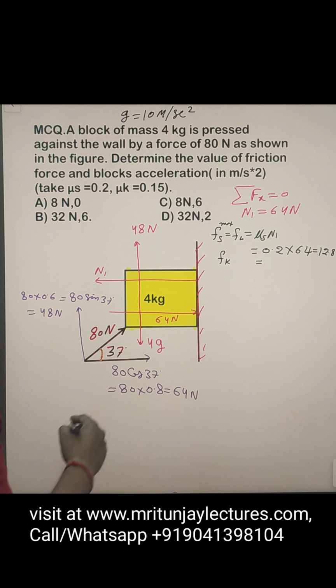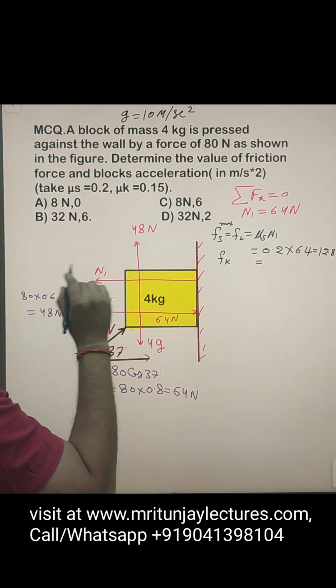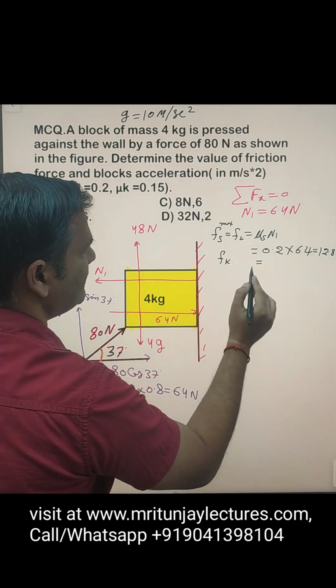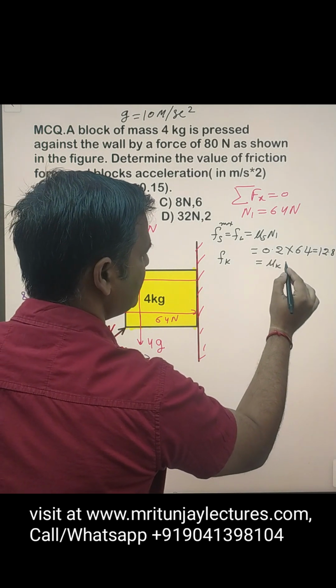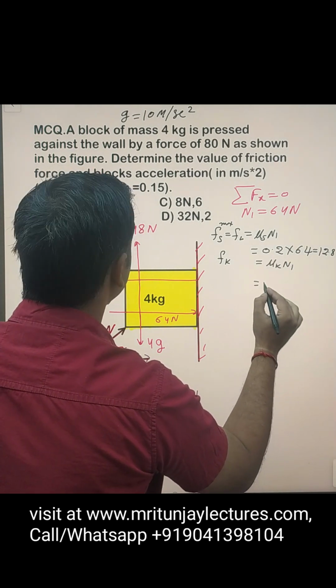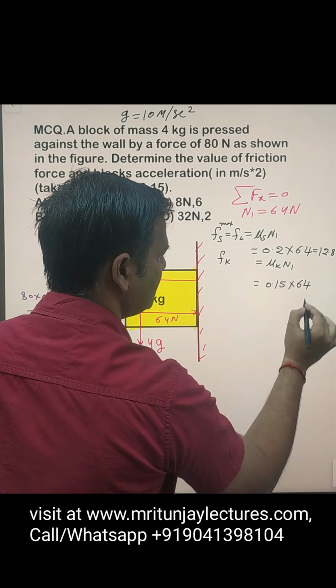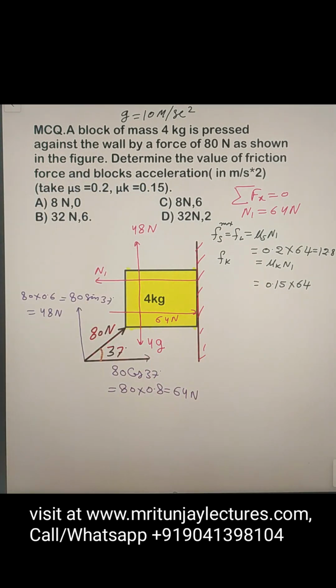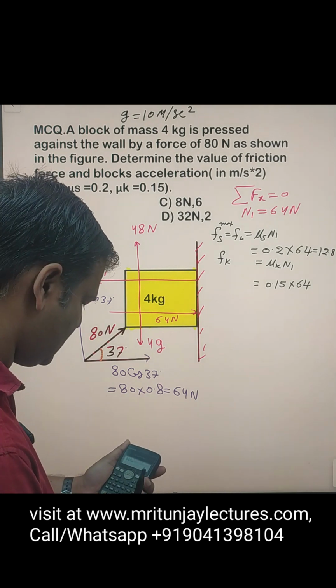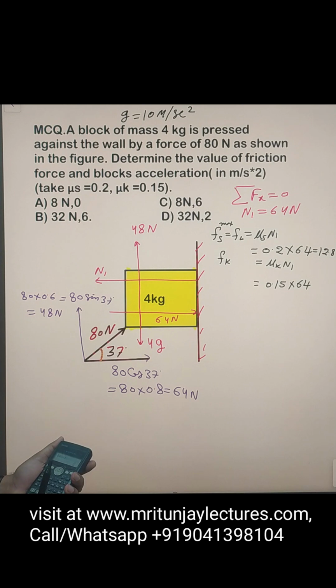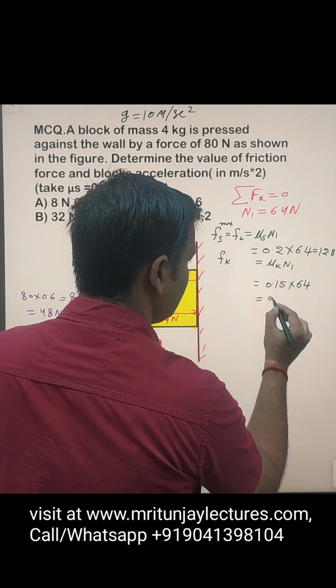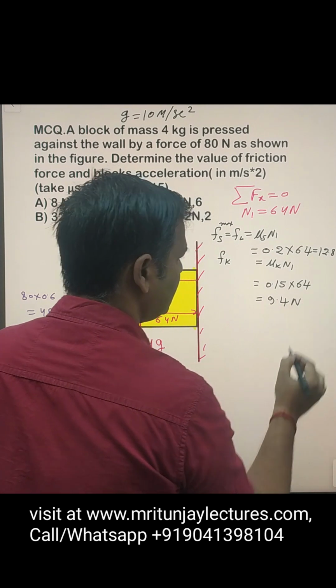And what about kinetic friction? Kinetic friction is mu k into N1. Mu k is 0.15, N1 is 64, so 64 into 0.15 is 9.6 Newton. Clear?